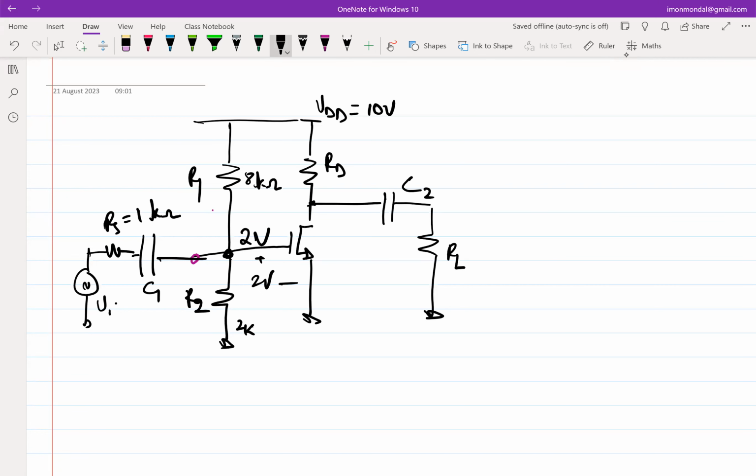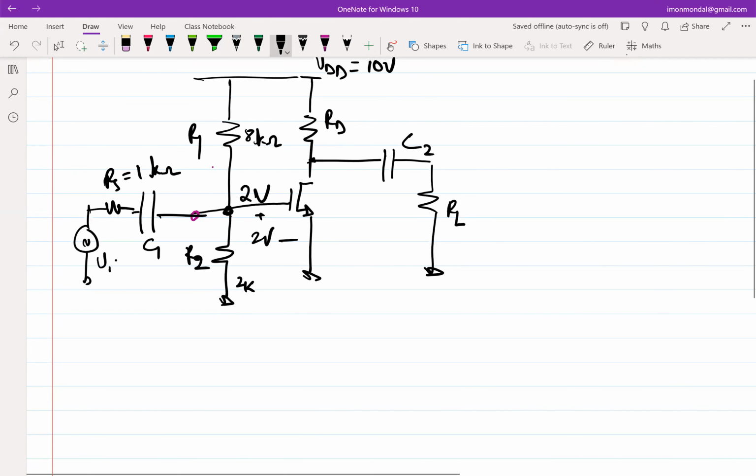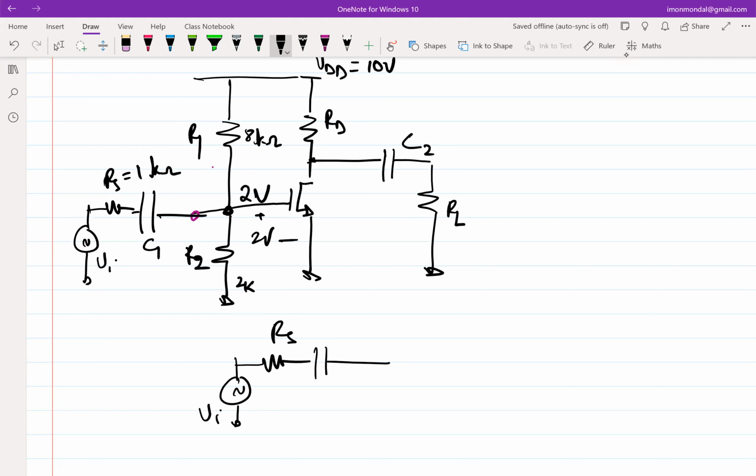So incrementally, what will this look like? This contraption will look like VI, RS, capacitor. And what happens here?